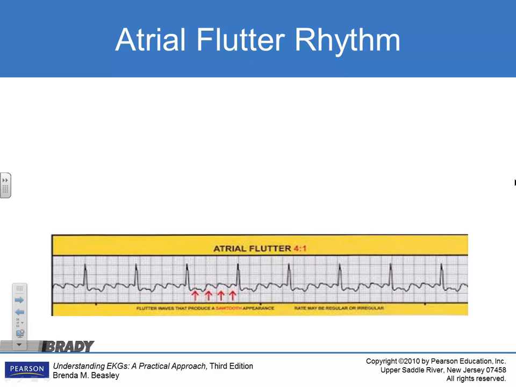Here is a 4-to-1 conduction. You can see we got, this is an inverted one, but 1, 2, 3, and then your QRS. 1, 2, 3, QRS. 1, 2, 3, QRS. Well, actually, I guess that's 4. So it doesn't exactly look like these. Why does it not look like these?